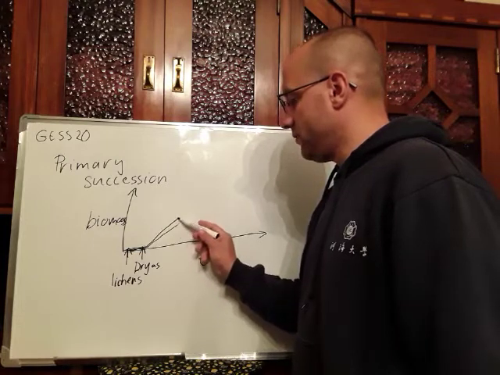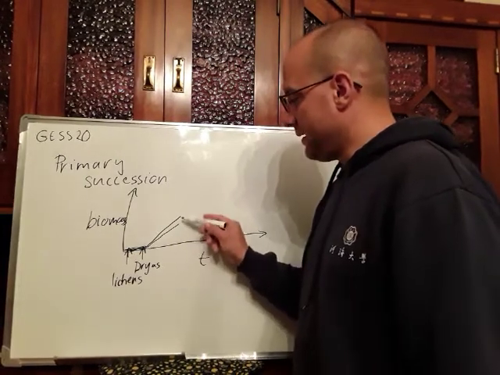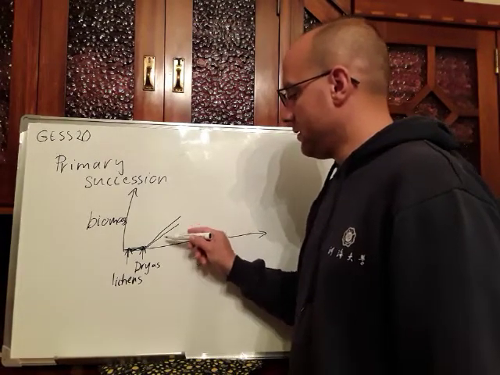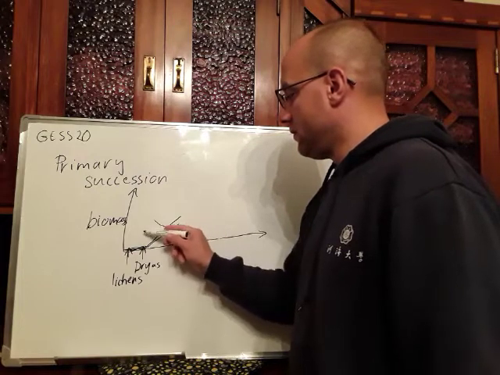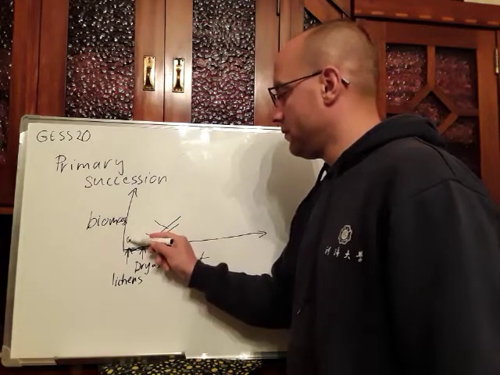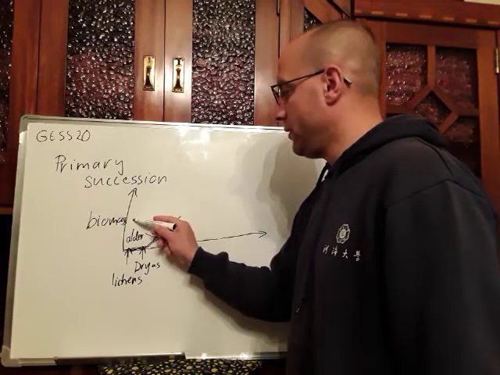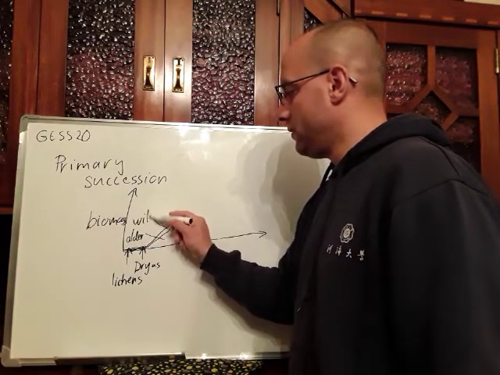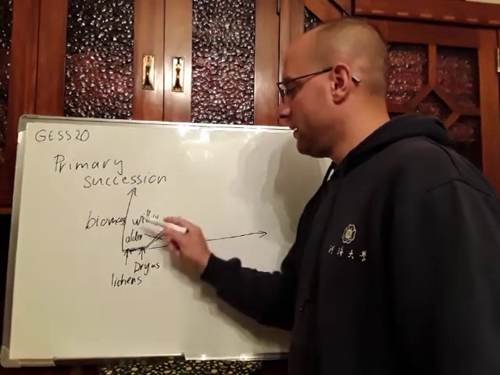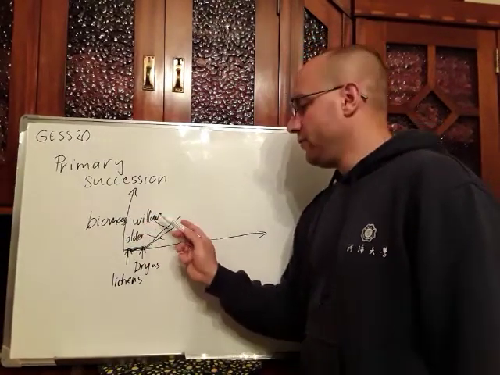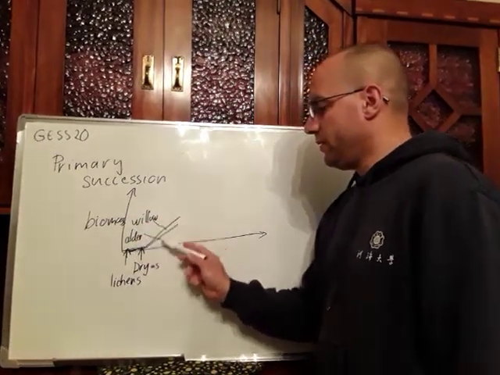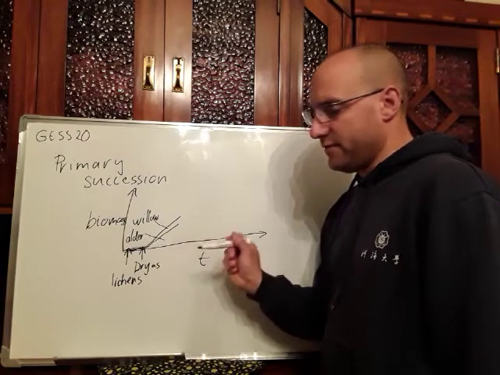After the dryas has appeared, two species will start to take over, and that will be alder and willow. In terms of the biomass, it would be more of the alder that would be present here and less of the willow.